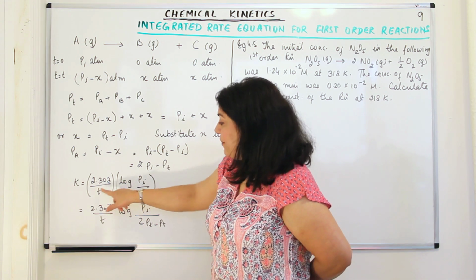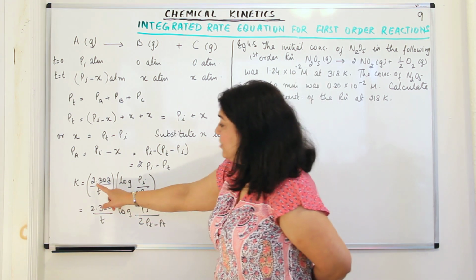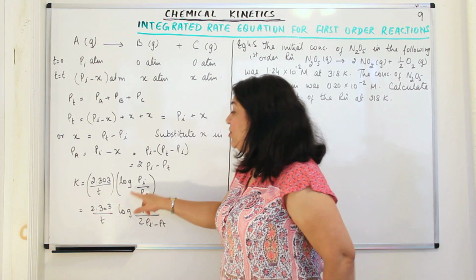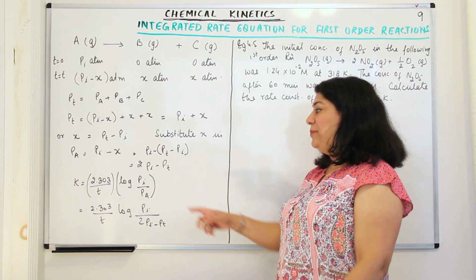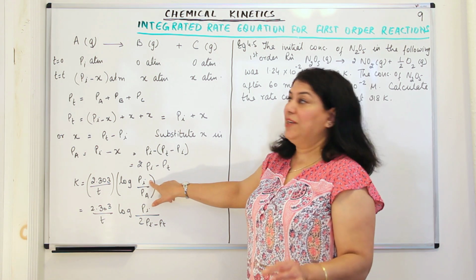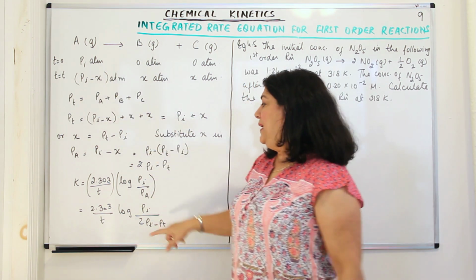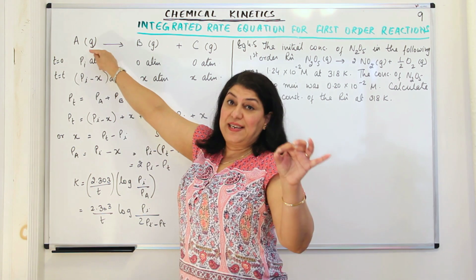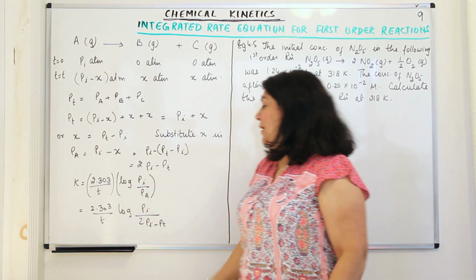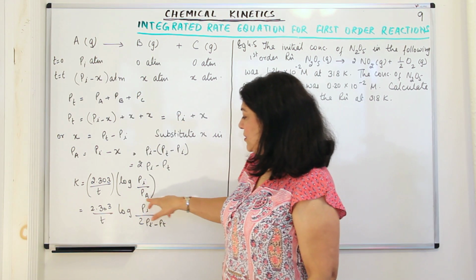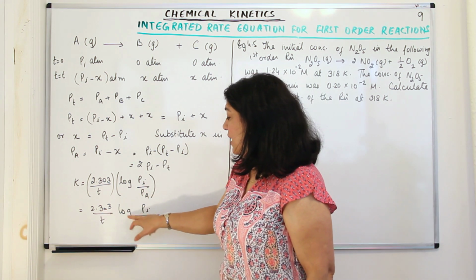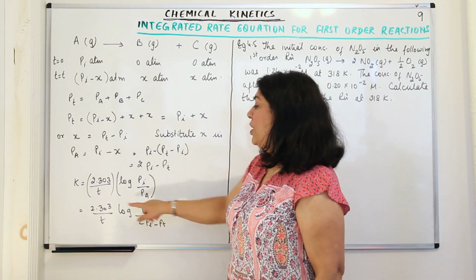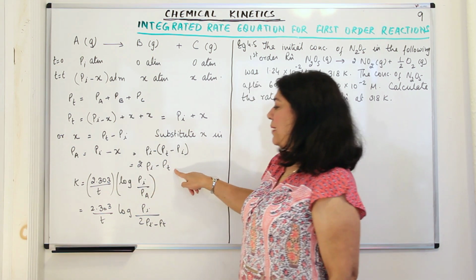So T, whatever the value of T, you could call it delta T, 2.303 upon T into log PI upon PA, where PI is the partial pressure at time 0 and PA is the partial pressure of the reactant at time T. So when you substitute the value of PA, you get 2.303 upon T log PI upon 2PI minus PT.